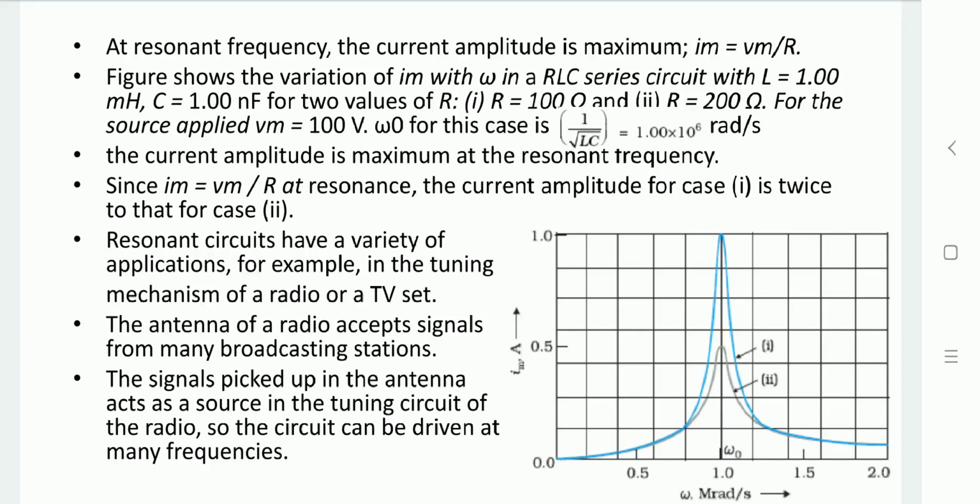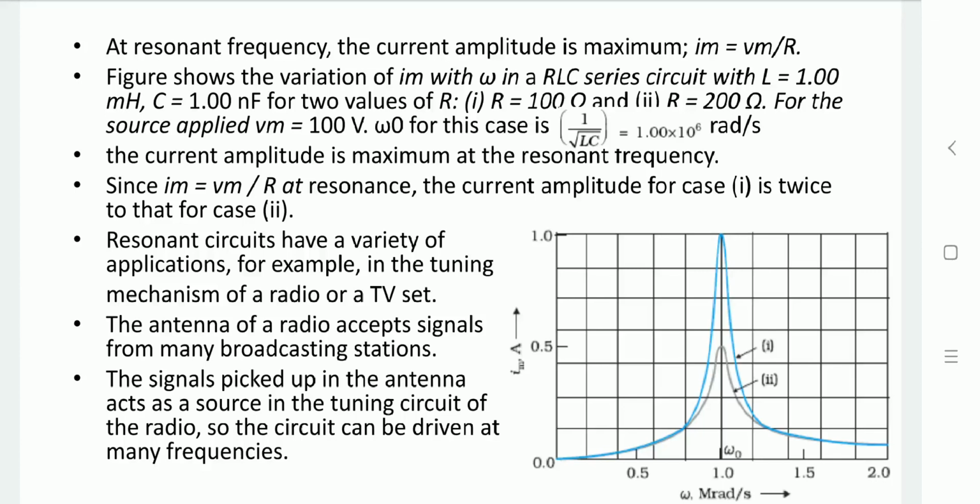So this graphical representation is for L equals 1 millihenry, C equals 1 nanofarad, Vm equals 100 volt, and omega 0 equal to 1 mega radian per second, or 1 into 10 raised to 6 radian per second. So by varying the resistance value we get different graphical representations of current.